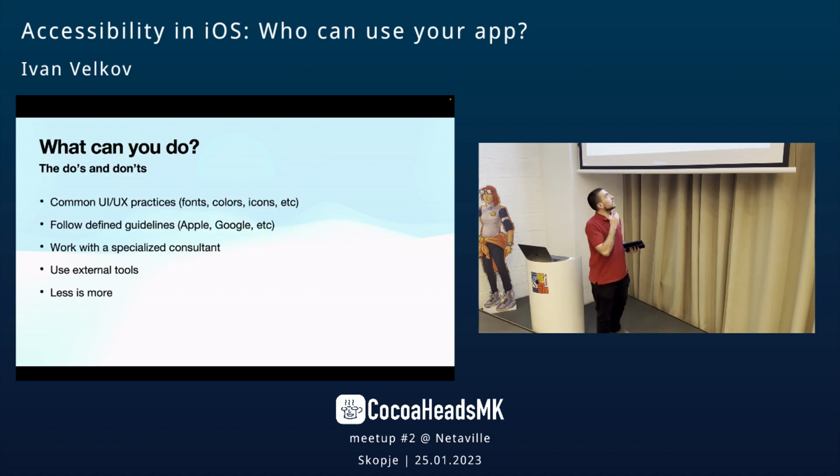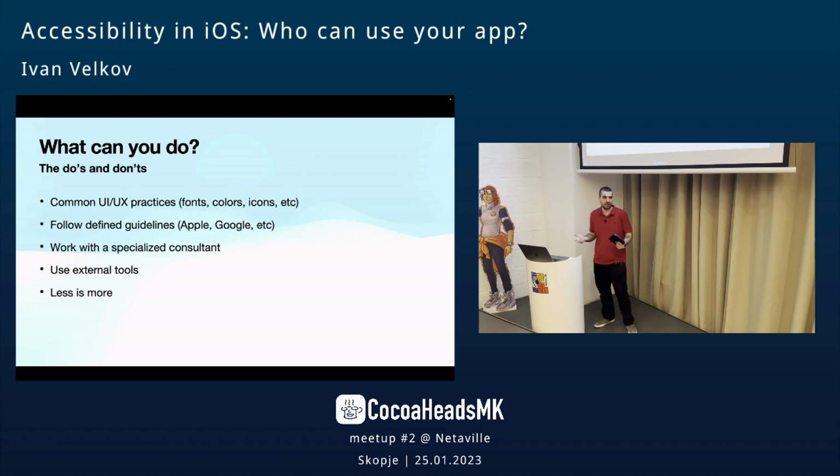Initially, what can you do? What are the initial do's and don'ts in this specific topic? These are very common things, common UI UX practices. This isn't only about accessible apps, this is about all of the apps: what colors you use, what types of fonts you use, how you lay out things on your screen.